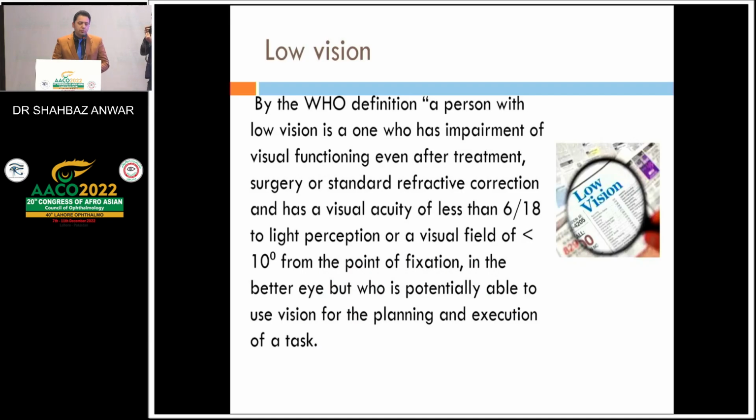And the definition of low vision by WHO: a person with low vision is one who has impairment of visual functioning even after treatment, surgery or standard refractive correction, and has a visual acuity of less than 6/18 to light perception or a visual field of less than 10 degrees from the point of fixation in the better eye, but who is potentially able to use vision for the planning and execution of tasks.